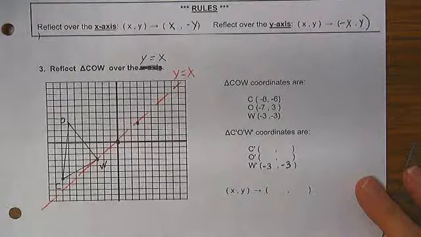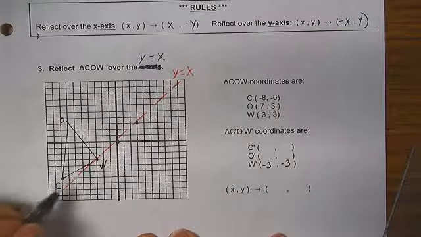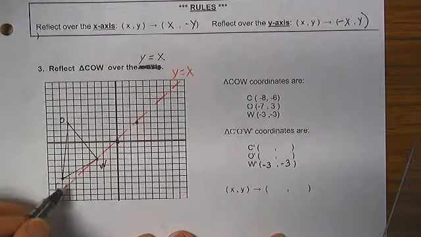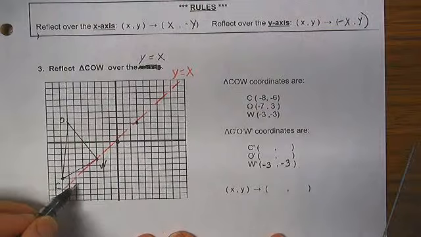But what am I supposed to do about C, for example? Well, it's left 1 and up 1, so I must go right 1 and down 1, and that's going to give me C prime.